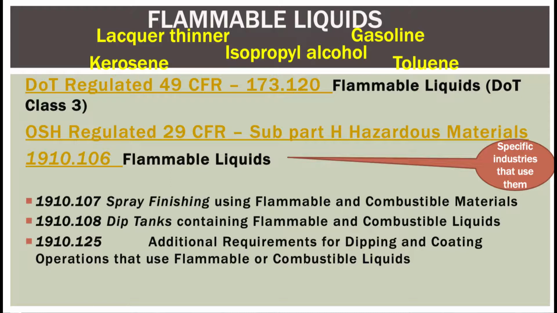And so some specific areas under flammable liquids are spray finishing using flammable and combustible materials, dip tanks containing flammable and combustible liquids, and additional requirements for dipping and coating operations that use flammable or combustible liquids. So you have the use of them in large quantities as well as the storage of them in smaller quantities. So the rules are segregated by industry.